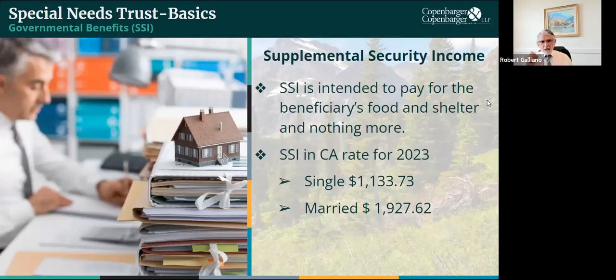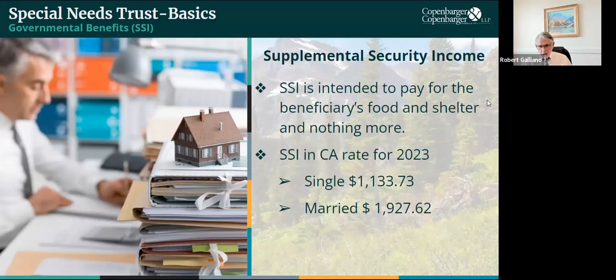And there is now a move in Congress to eliminate the food requirement, and therefore SSI, we think, is only going to be for the payment of lodging, shelter. But right now, SSI is intended to pay for the beneficiary's food and shelter and nothing more.